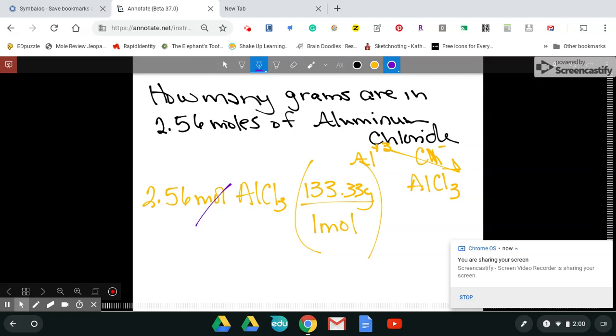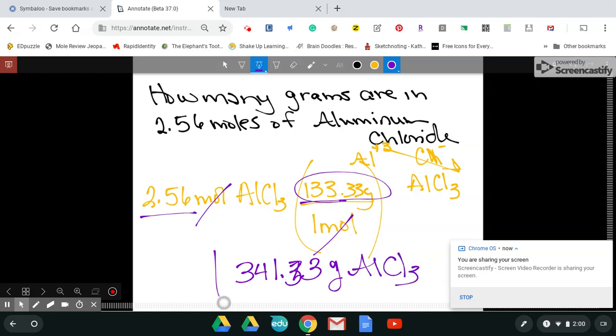Notice that moles cancel, so I'm taking this and multiplying by this, which is going to give me 341.33 grams of aluminum chloride. Okay?